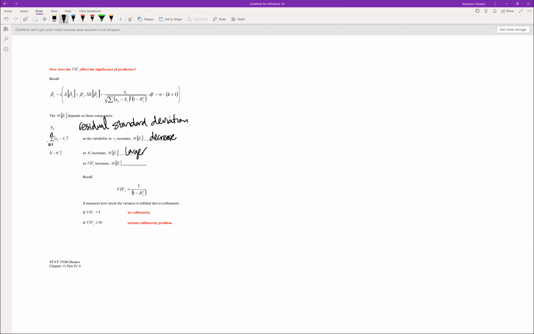So essentially, as your VIF increases, where VIF is 1 over 1 minus r squared j, what's going to happen to your standard error?